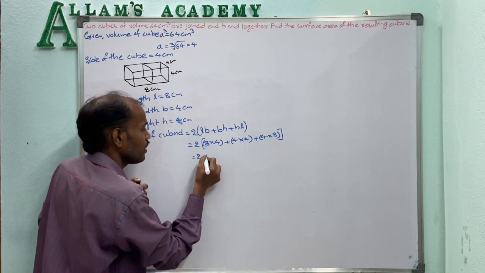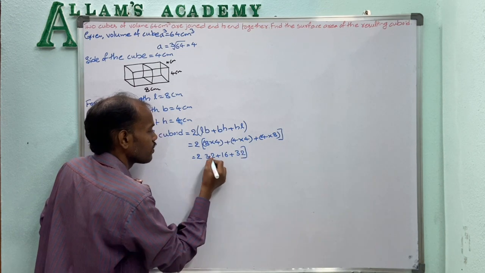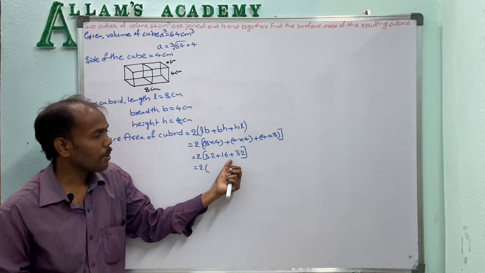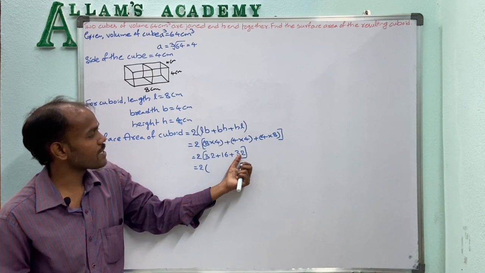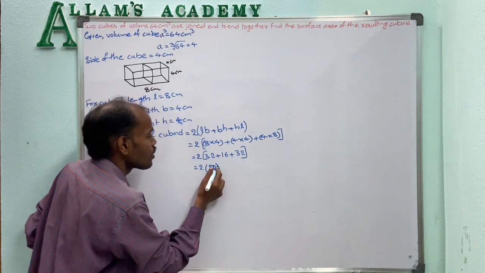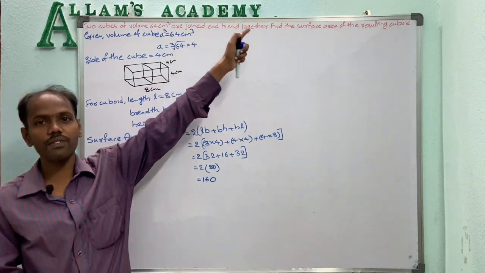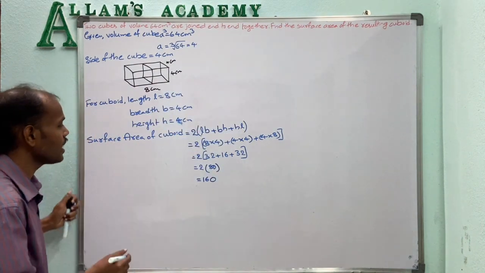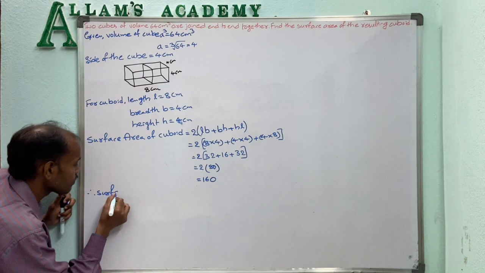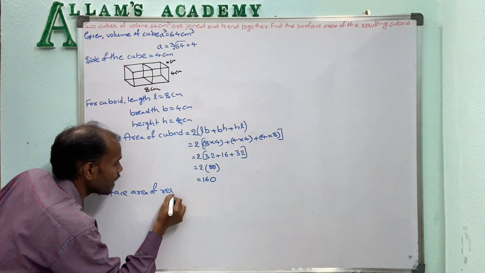So 8 fours are 32, 4 fours are 16 and 8 fours are 32. So 32 plus 16 plus 32 is 80. So 2 into 80 equals 160. So the surface area of the resulting cuboid is 160 centimeter square.